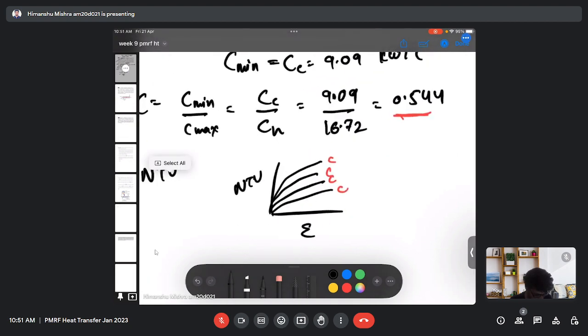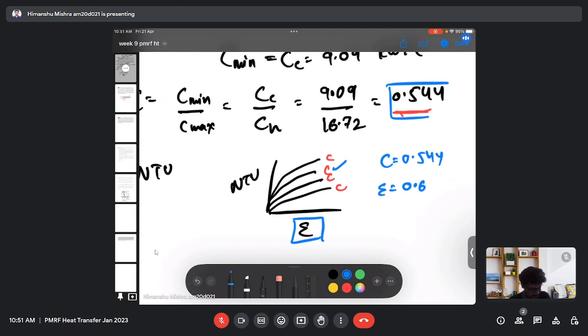This means we know the effectiveness and we have already calculated the heat capacity ratio. So for this specific heat capacity ratio, 0.544, and for effectiveness 0.65, I can calculate my NTU from the plot.